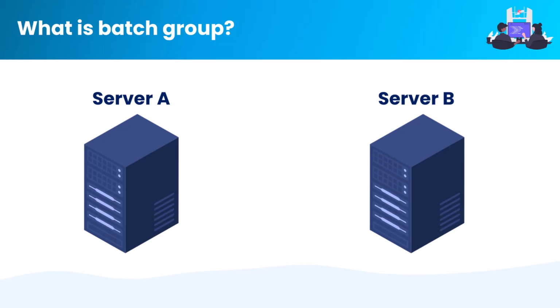So you can use batch groups to make sure that reporting tasks are run on server A and electronic documents are processed by server B. That's why the batch group helps you categorize the batch tasks, and you can run them on a specific server.